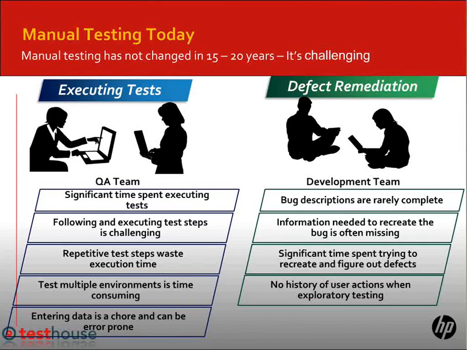Then once you actually found a problem, found a defect, you have to communicate this to the developers. And again, that often is a major pain for both sides. So either the description is not clear enough, the tester delivers, or the developer cannot understand it, or some information is missing, or maybe the tester didn't follow the steps exactly as it was supposed to do.